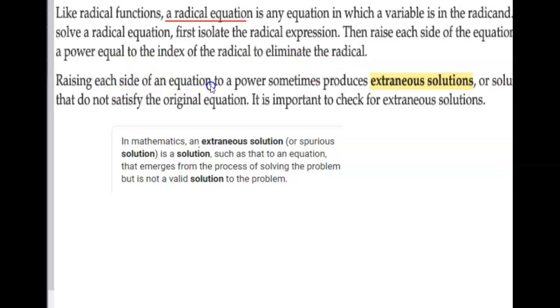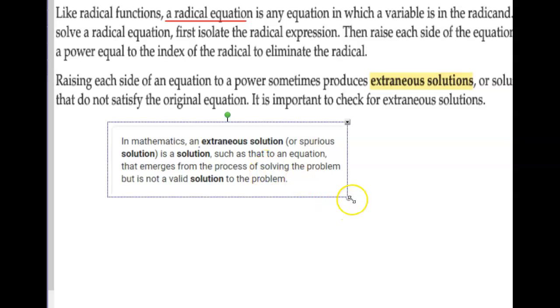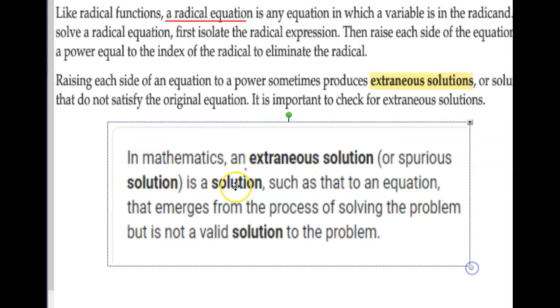But when you raise sides of an equation to a power, sometimes you produce what's called extraneous solutions. So I Googled extraneous solutions to see if they had a better definition. And it says extraneous solution or spurious solution is a solution to an equation that emerges from the process of solving but does not actually plug in to solve.